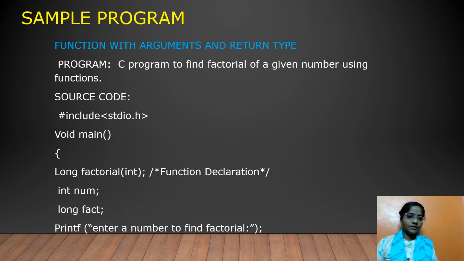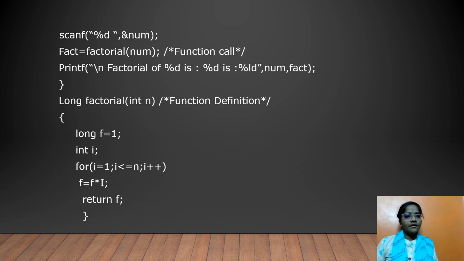Now we move on to the program. #include <stdio.h>, void main, long factorial, and it's a function declaration. int number, long fact, printf enter a number to find a factorial. scanf %d &number, fact = factorial(num), and it is a function call. printf factorial of %d is %d, num, fact.